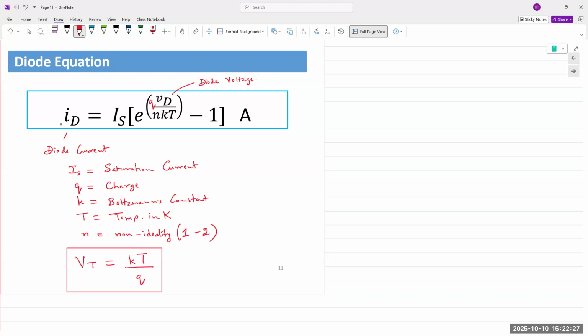So now let's simplify this equation. What do we have? If n is equal to 1, we can remove that. We can reduce this expression: ID equals the saturation current times E raised to VD over VT. And that's it. For most cases, we can use this approximation.